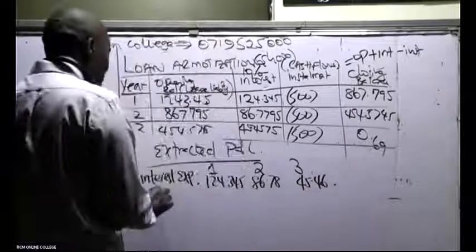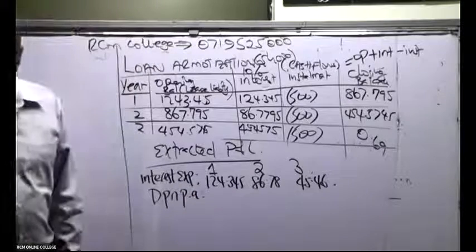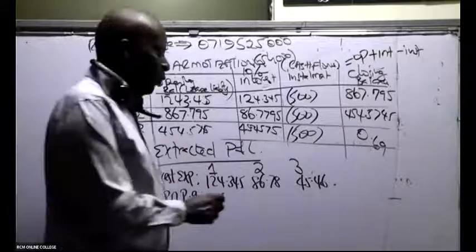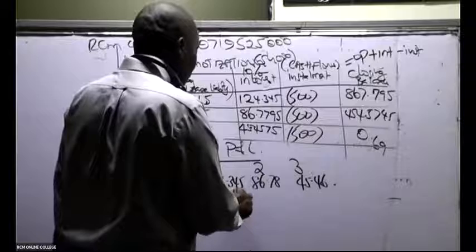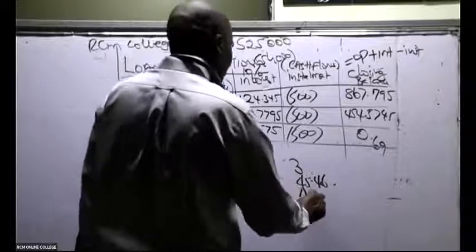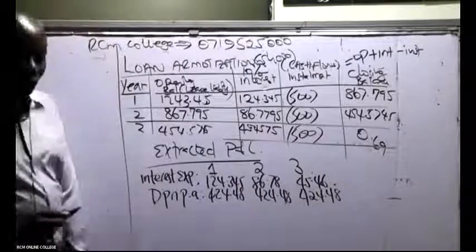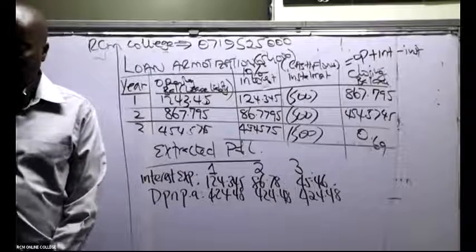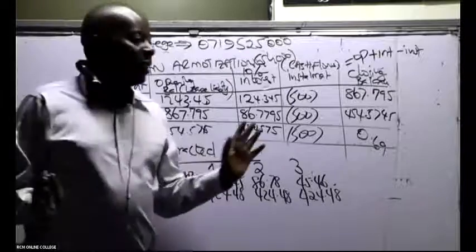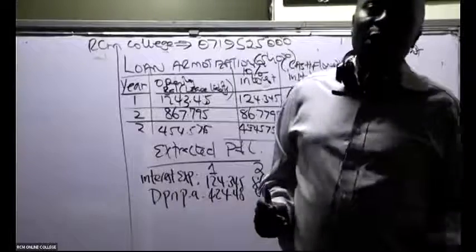Then you bring here depreciation per annum, an expense, which is 424.48, normally uniform. That is the extracted P&L. The interest expense and the depreciation are the things that you extract and take to your income statement.